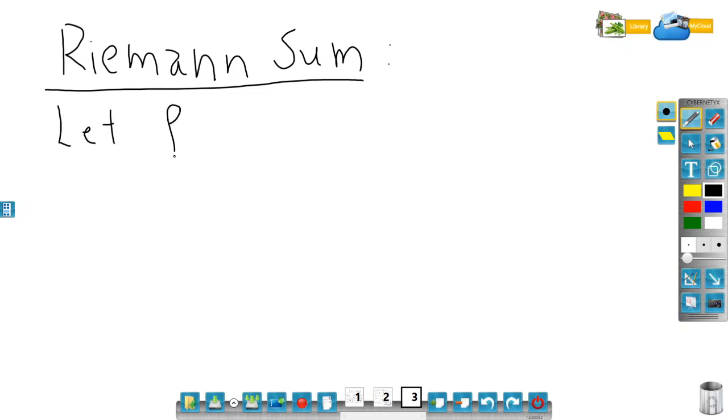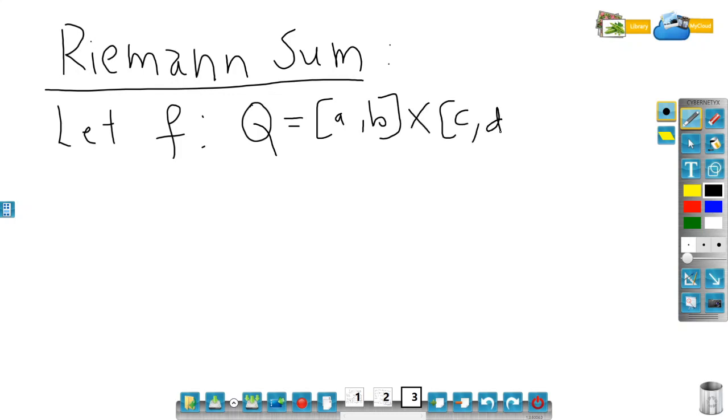Let f be a function from Q, which is [a, b] cross [c, d], to the real numbers. Maybe in the last lecture, instead of this Q, I used R, but now I'm not using R since the real number R was different. So Q is a rectangle, that is [a, b] cross [c, d].